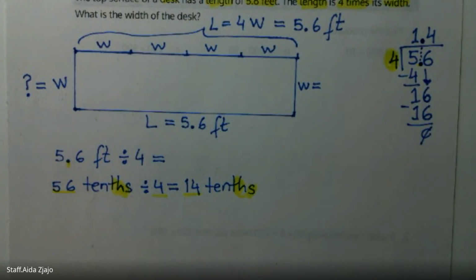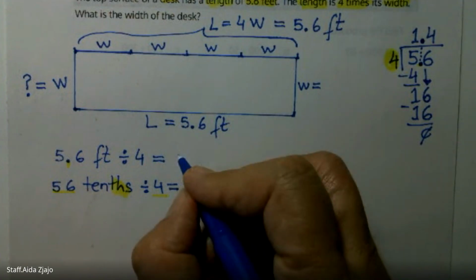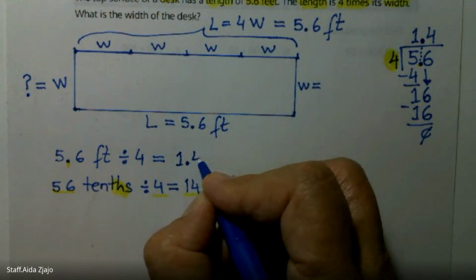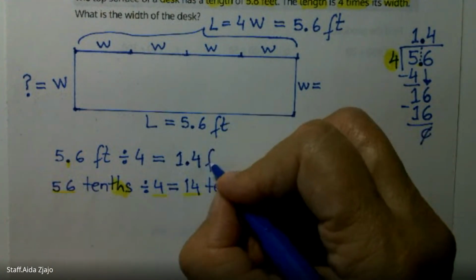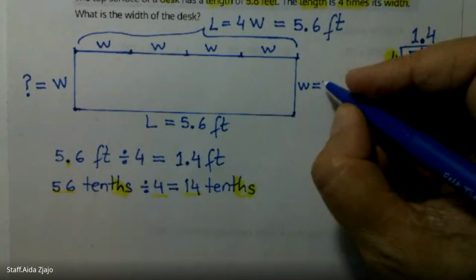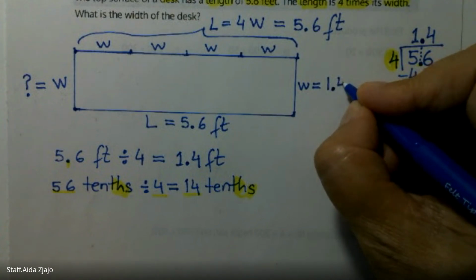So my solution for this one is 1.4. If I divide 5.6 into 4 pieces, each piece is 1.4. Or if I look at this one, 14 tenths is really 1 and 4 tenths, 1.4, which is 1.4 feet. So now we know W equals 1.4 feet.